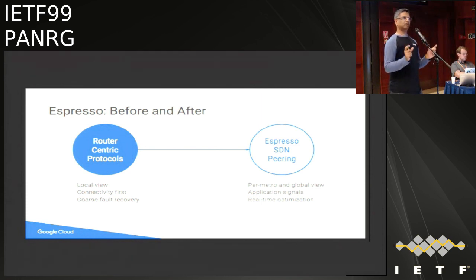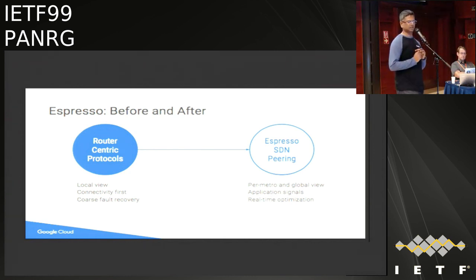Most of the routing for the peering network is about connectivity and the shortest path. But for us, when we optimize, it is all about the service or the applications. And fault recovery is, of course, the most important aspect of all.